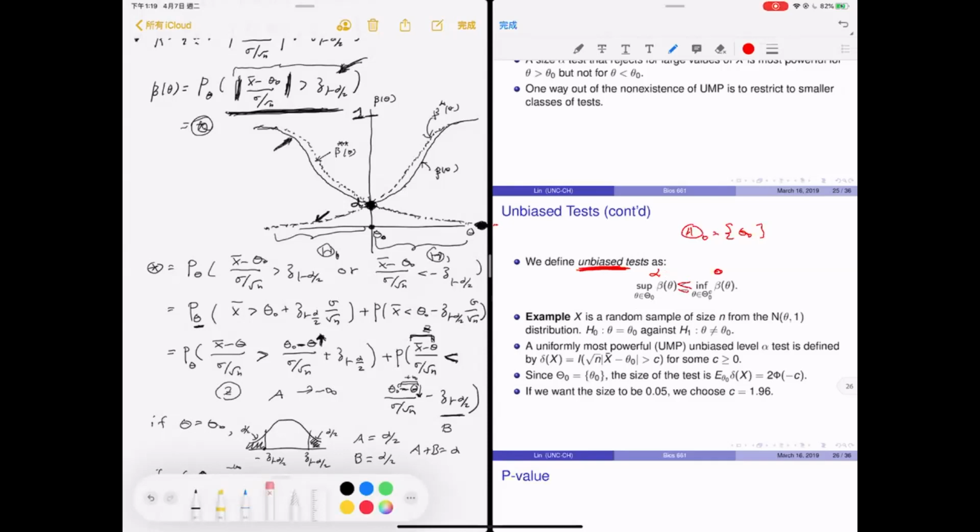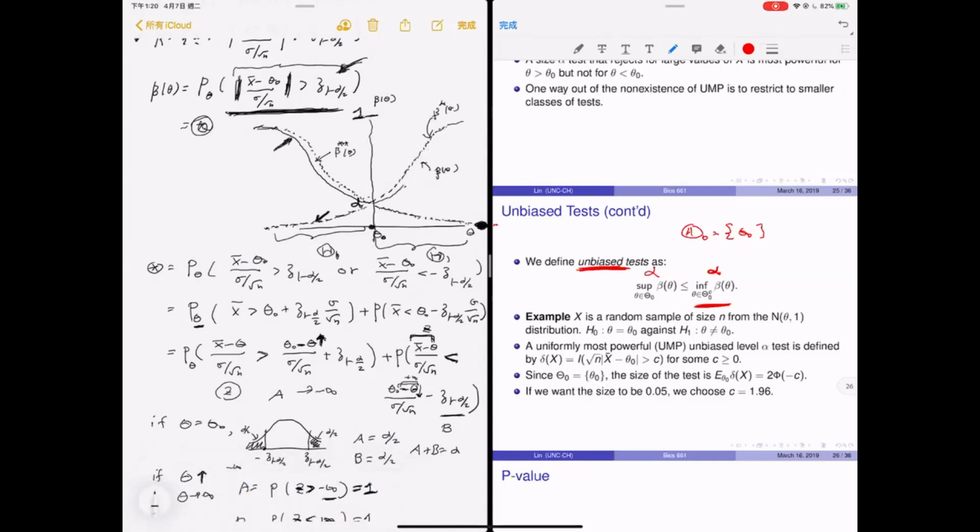So the lousy test will be ruled out. But the test you are rooting for is going to satisfy it, because in the null space this is alpha, and the smallest value of the power under the alternative hypothesis is still alpha. This guy is going to be this beta function right here.